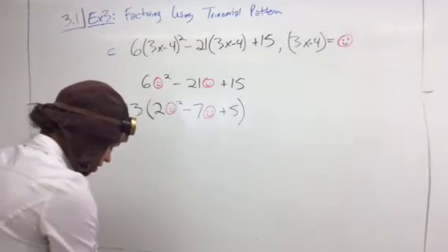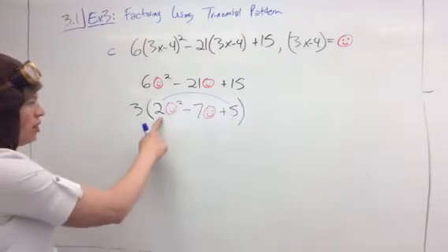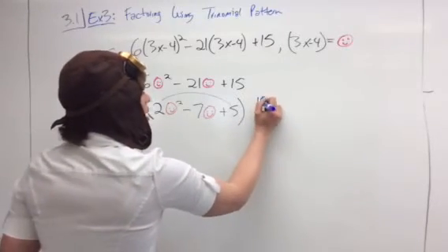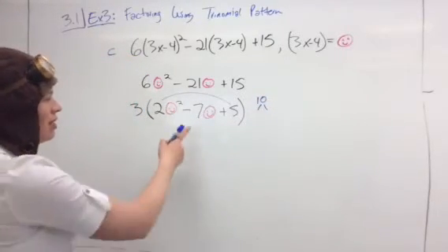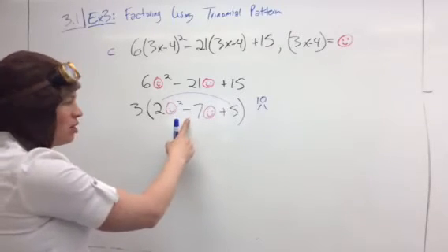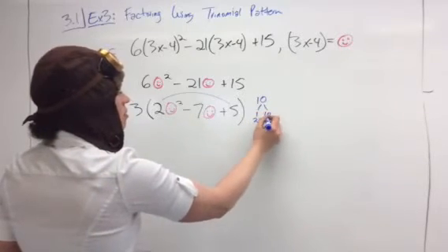And unfortunately, we are going to have to do decomp because we've got a number in front of the squared term. So 2 times 5 is 10. Factors of 10 that add to negative 7. Uh-oh. That means that they're both going to have to be negative because they multiply to become a positive. So 1 and 10, 2 and 5.